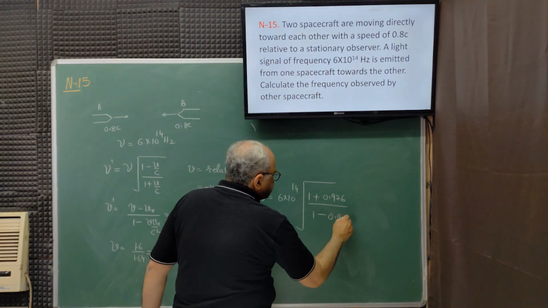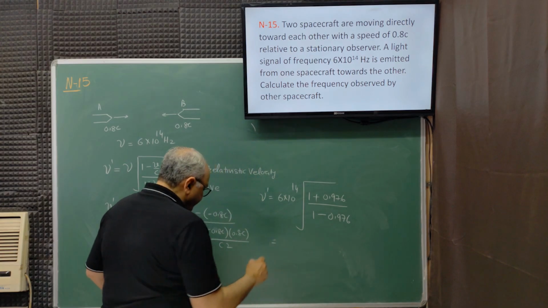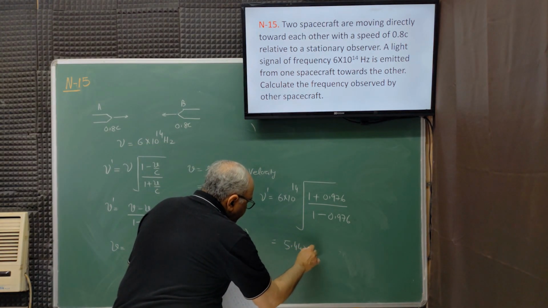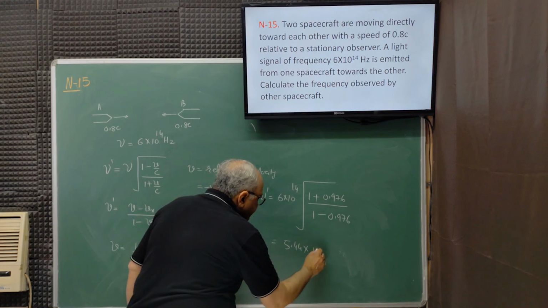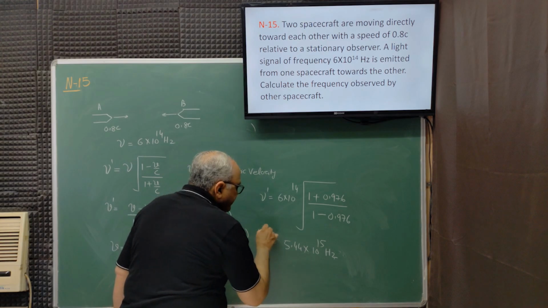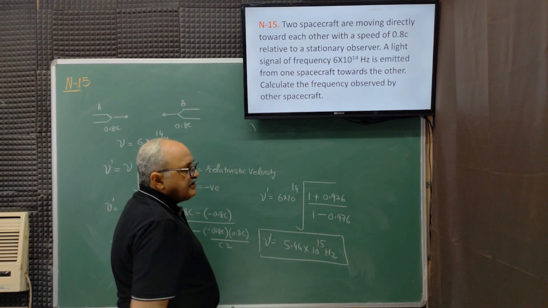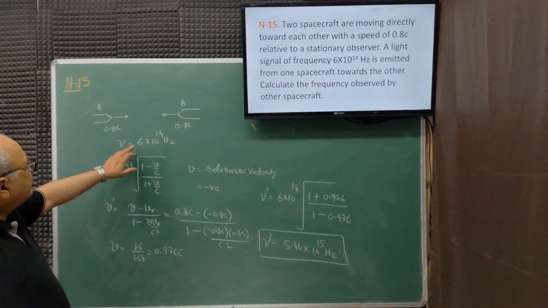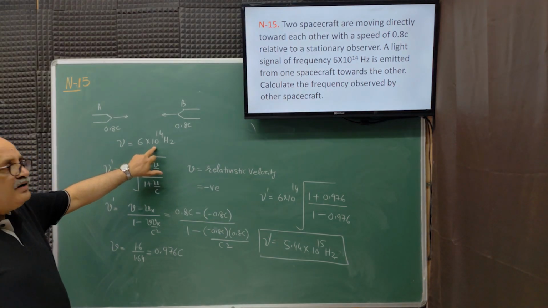If you simplify it, your frequency comes out to be 5.44 into 10 to the power 15 Hertz. So that is the apparent frequency observed by the other spacecraft when the original frequency is 6 into 10 to the power 14 Hertz.